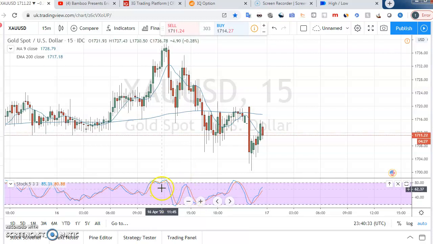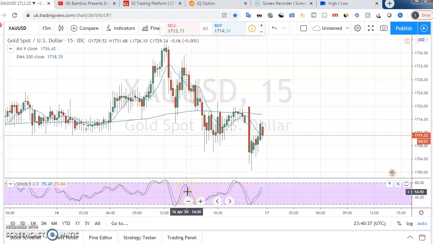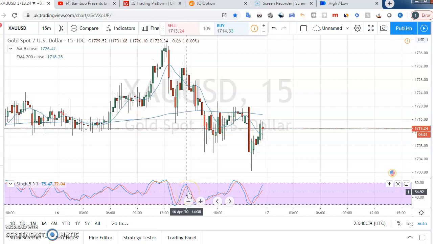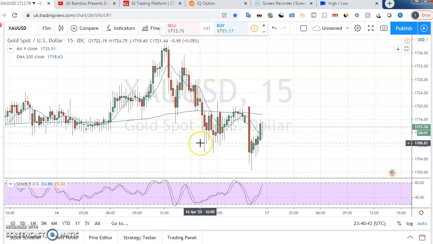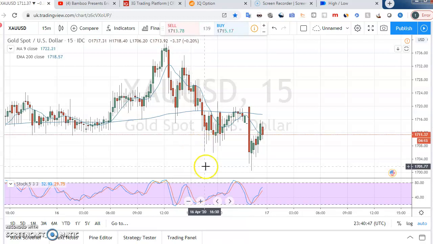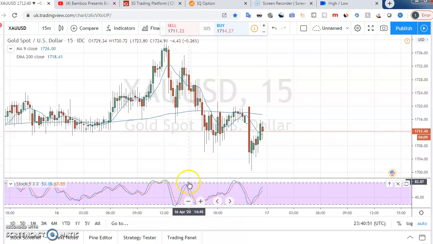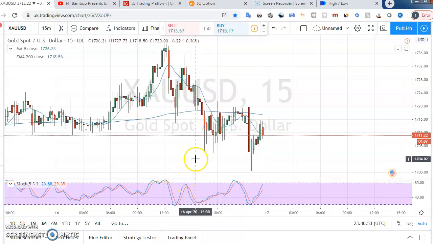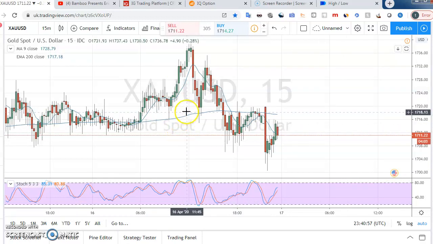On the 16th, it made at least 2 good ones, so we've got 2 opportunities. For me, on IQ Option, trading on the gold opens at 9 a.m. So I would say I have fairly one opportunity to capture the gold on the 15 minutes. So basically, the idea is just to wait.